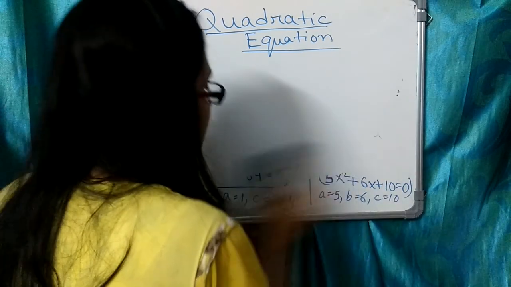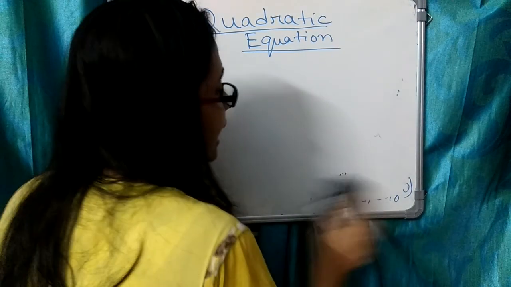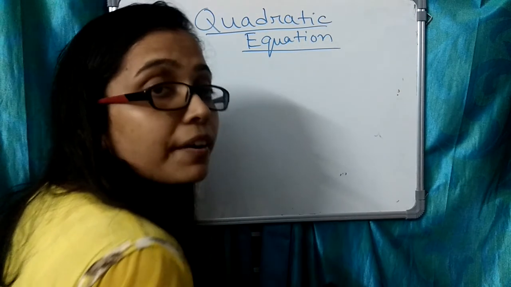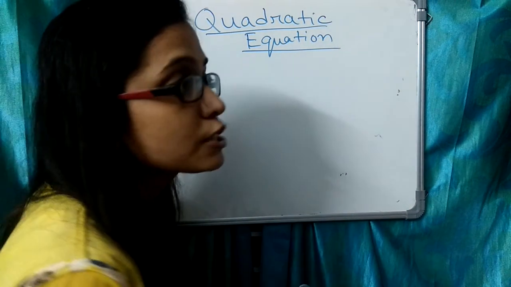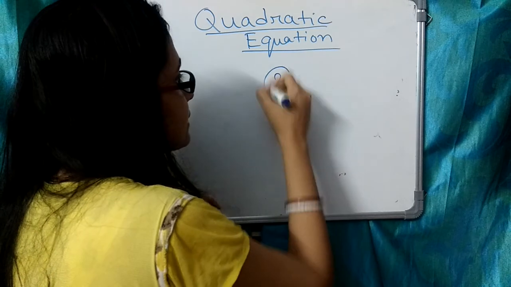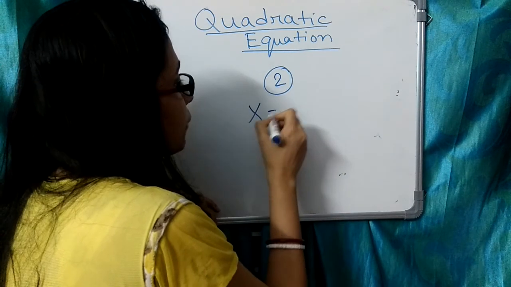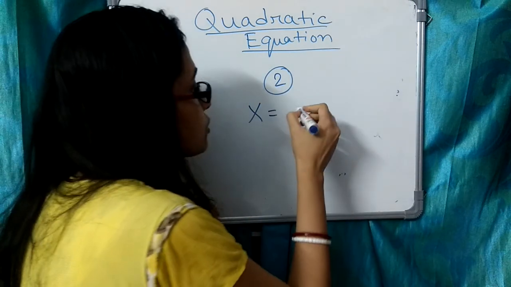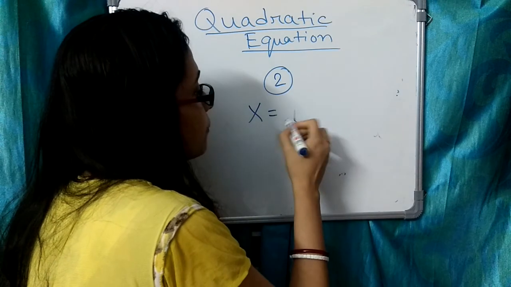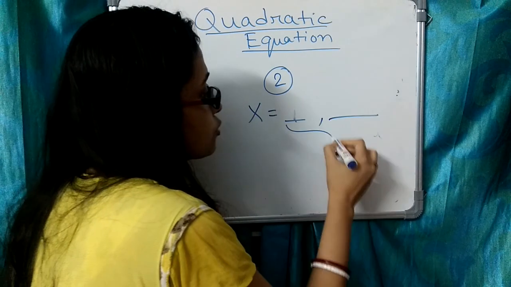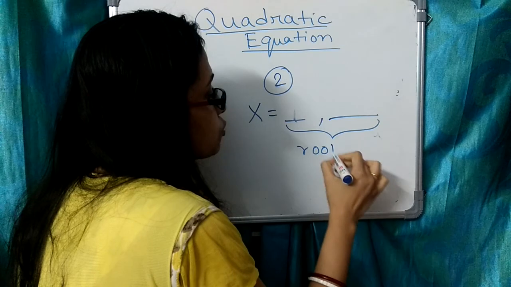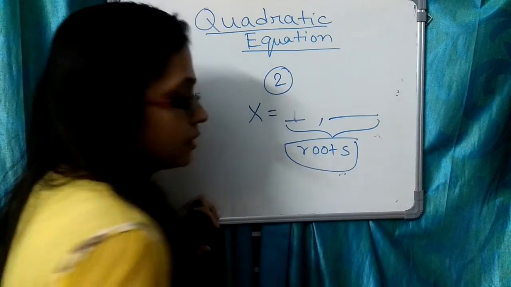So now, as we have seen that the highest degree of the variable of a quadratic equation is 2, that means the variable will have two values, and these two values are known as roots of the equation.